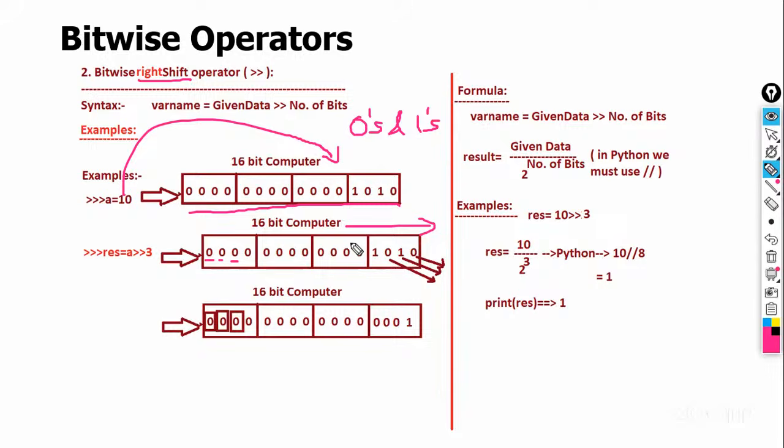But how many places? It is 3. You have to observe. So I have to move 3 places towards the right side. If I move towards the right side, 0 will move out, 1 will come out, and the next 0 will also come out. All these 3 values will come out of this representation. We'll just have 1 at the last.